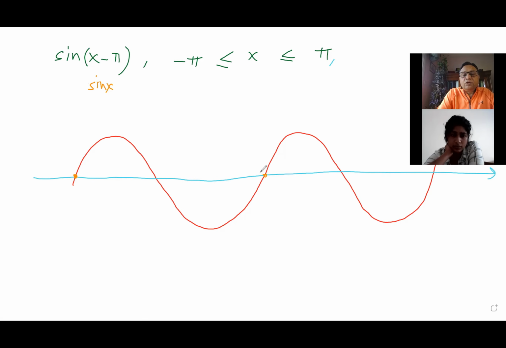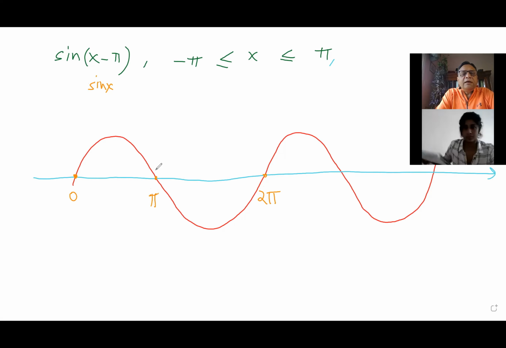Sine x was like this. That is a period of 2 pi. Since we shifted right by pi, let us say this is 0 and this is 2 pi. We are going through the thinking process at present. I'm not sketching, I'm just explaining. So this is pi, correct?